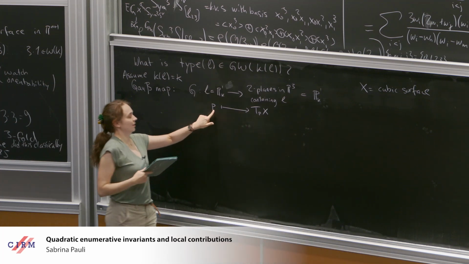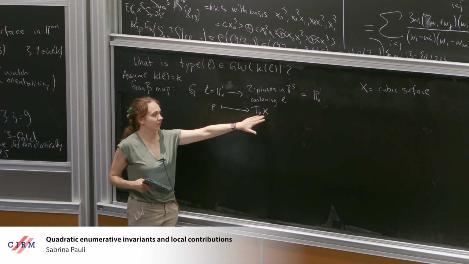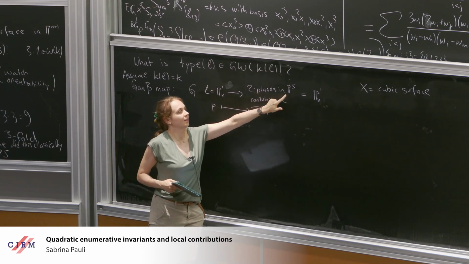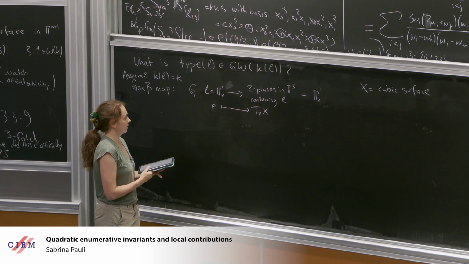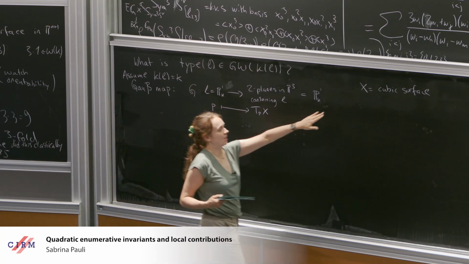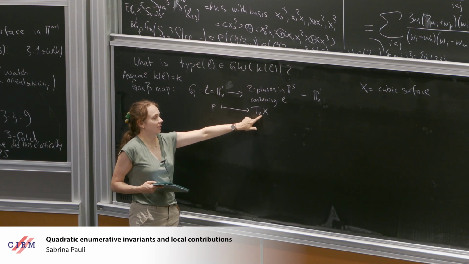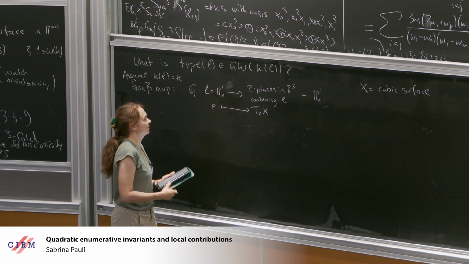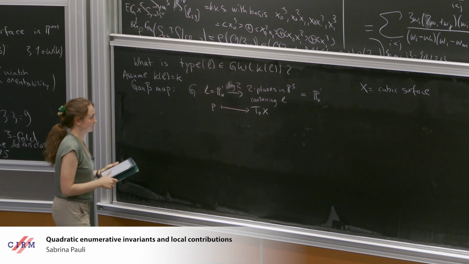And then you can send a point to its tangent space in the cubic surface and identify this with a two-plane in P3. And now you choose an equation for X and compute what this tangent space is, and you get that this is actually a degree 2 map by writing this down.